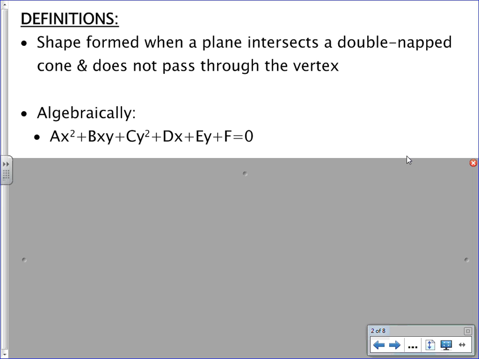Actually, the ones that are missing will tell us what kind of conic section it's going to be, as well as whether those coefficients are positive or negative. But if we have any one of these variables or constants present, we have a conic section. Something you're not used to seeing in there is an xy term and a y squared term.